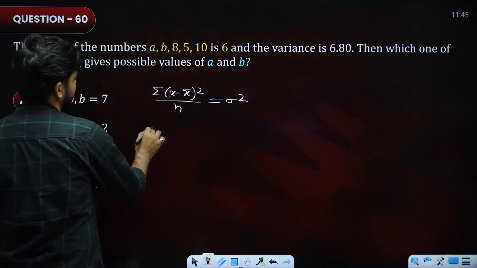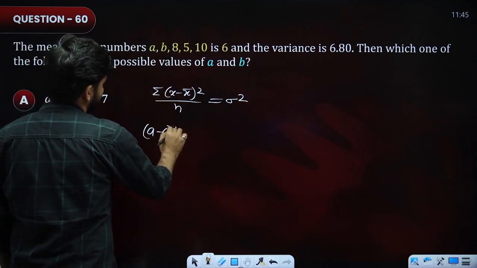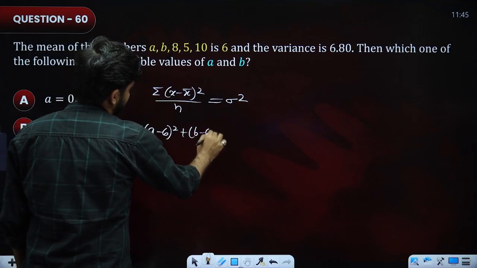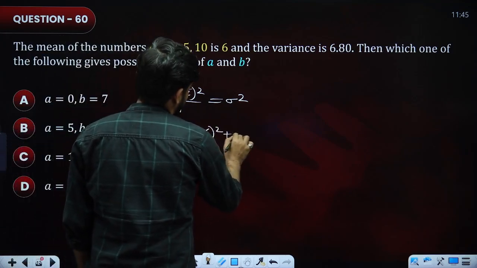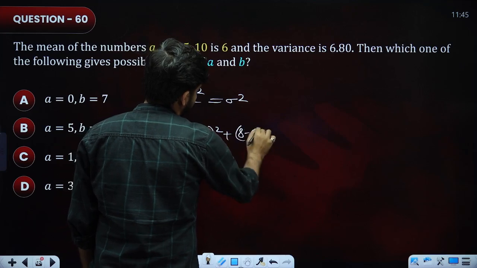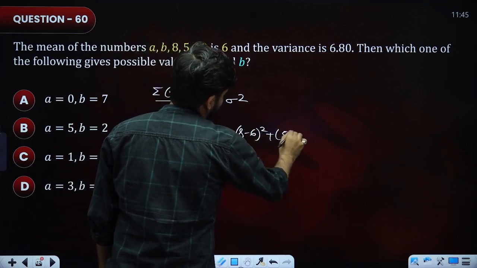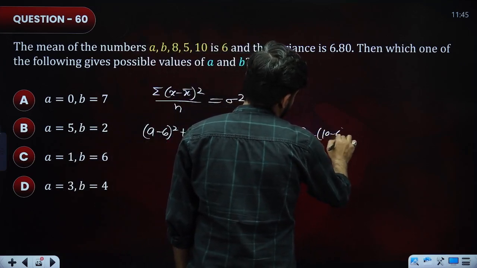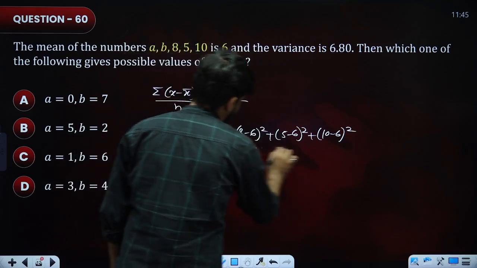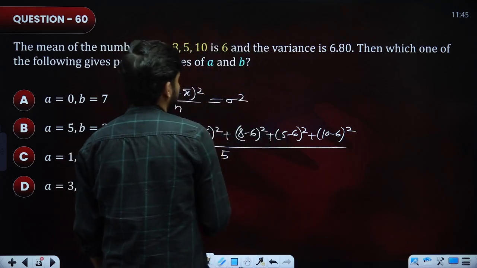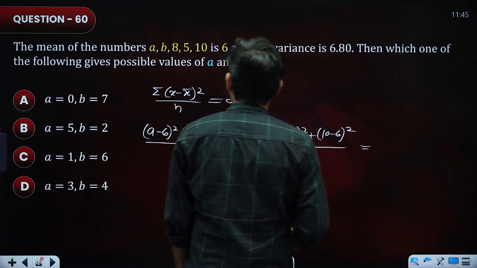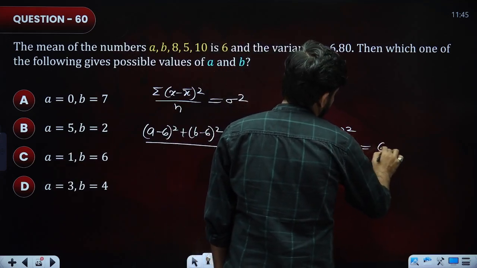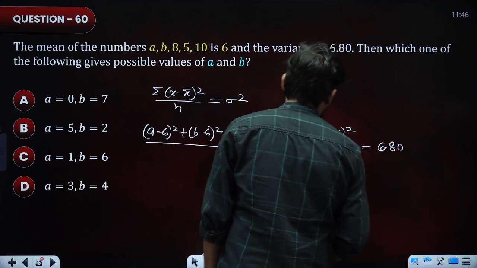So therefore we can write A minus 6 square plus B minus 6 square plus 8 minus 6 square, 5 minus 6 square plus 10 minus 6 square whole upon, we have 5 terms, it is equal to the variance 6.80.